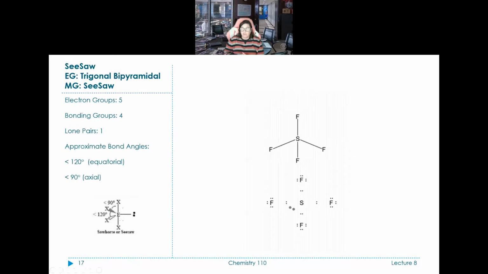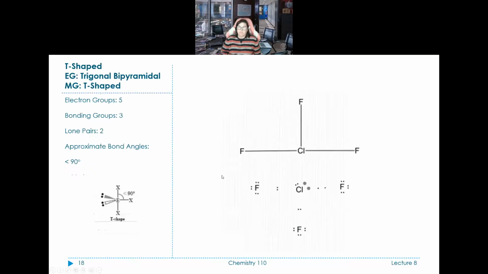Okay. If we talk about what that structure actually looks like in 3 dimensions, that is called a seesaw. So its electron geometry is trigonal bipyramidal, but because there is 1 lone pair, the molecular geometry is called seesaw. Okay?